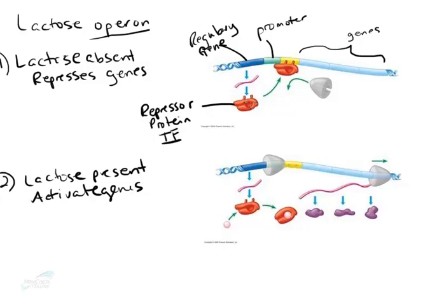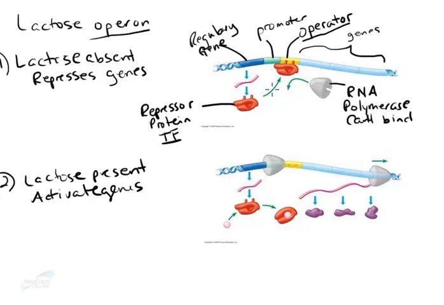So what does repressor protein do? Repressor protein binds to the DNA at a sequence within the lactose operon that's called the operator. The operator's sequence sits right next to the promoter sequence, which, as we said, is the binding site for RNA polymerase. When repressor protein is bound here at the operator, RNA polymerase can't bind to the promoter and therefore can't transcribe this set of genes.